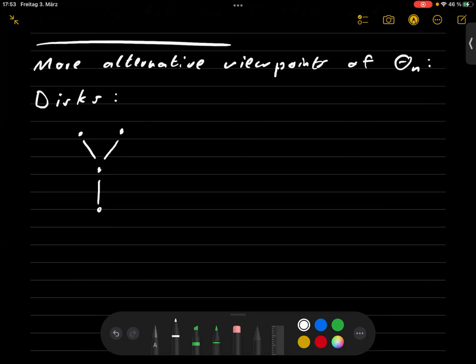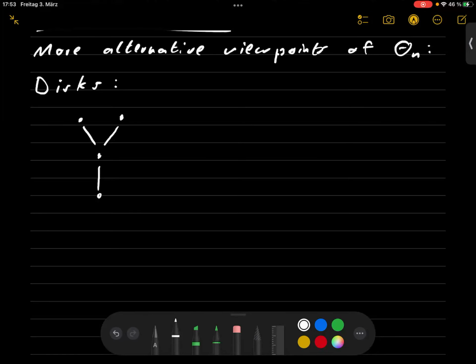And what's a disk? I draw first the picture and then tell something about this. Namely, we have in dimension 0 points, call them D0. Then in the next step, this corresponds to here. The next we have this one, this corresponds to there.